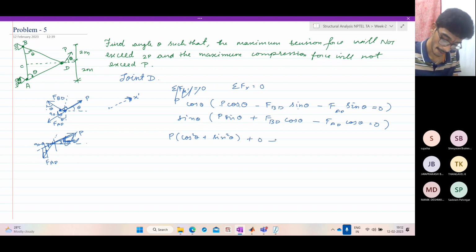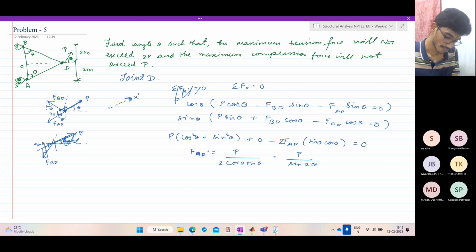And if you add this, you'll get minus FAD sine theta cos theta, there's another minus sign, so you get plus sine theta cos theta, which is 2, equal to 0. So you will get FAD is equal to P, cos square theta plus sine square theta is 1, by 2 cos theta sine theta, which is nothing but P by sine 2 theta. So FAD is P by sine 2 theta.